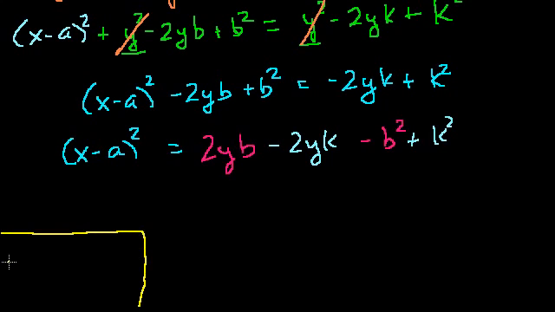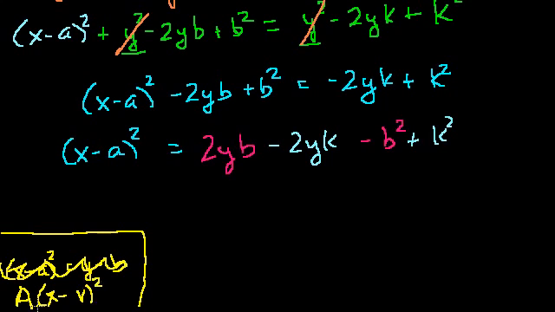I'm trying to get into a format a times x minus, well, I already used the a, so I'll call that v squared. I'm picking v for the x value of the vertex. I'm making up variables on the fly. So a times x minus v squared is equal to y minus b. The actual letters I choose don't matter, but this is a general form of a parabola, and this is where I'm trying to go.